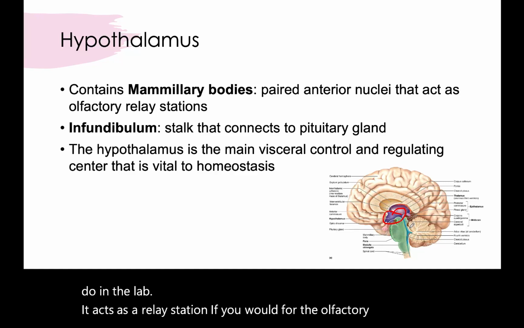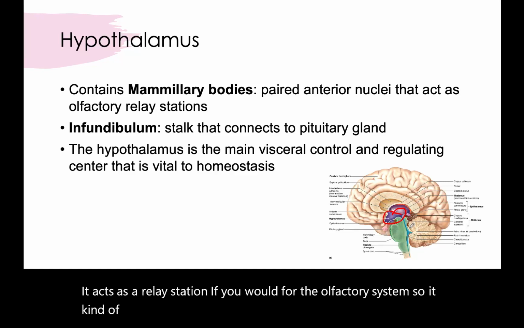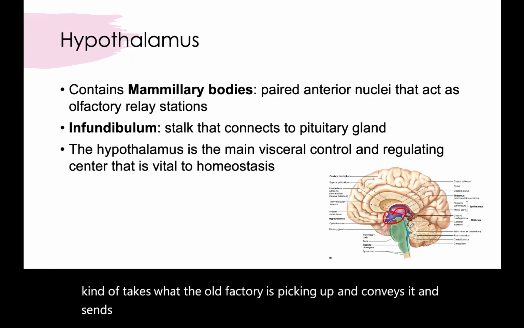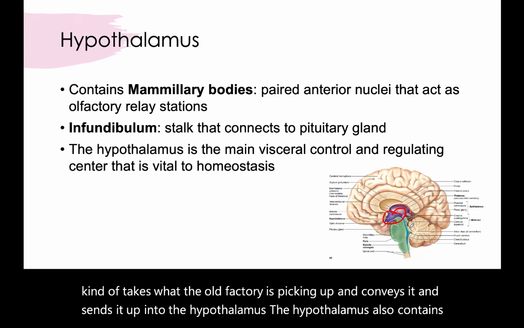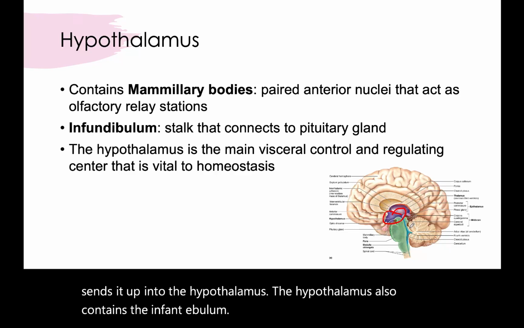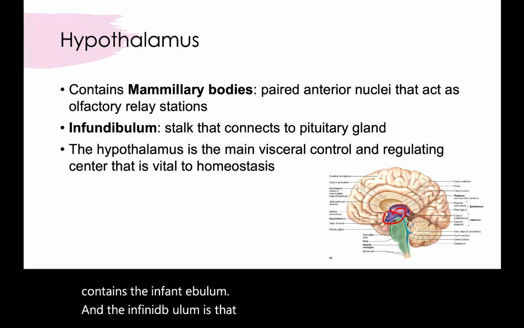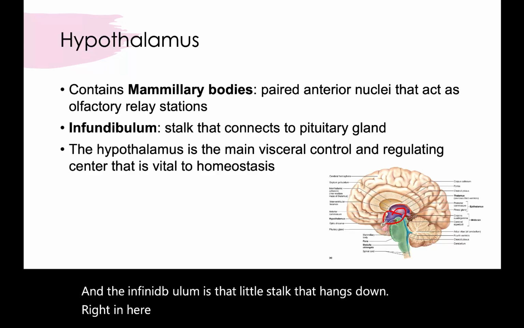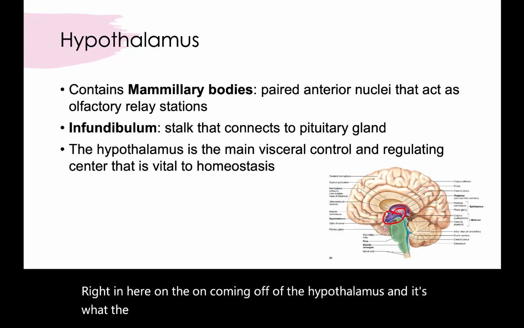So it takes what the olfactory system is picking up and conveys it up into the hypothalamus. The hypothalamus also contains the infundibulum. And the infundibulum is that little stalk that hangs down right in here coming off of the hypothalamus, and it's what the pituitary gland hangs off of.